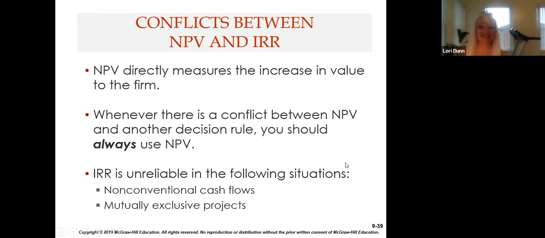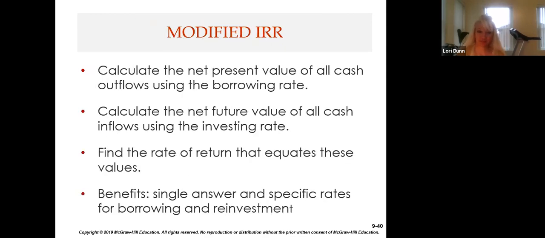So when it comes to decisions where you have these non-conventional cash flows or mutually exclusive projects, you need to do these extra steps. Okay. So there are workarounds. One answer, so that you're not plotting graphs all day long, and you want to calculate an internal rate of return, is something called modified internal rate of return, which is great for those non-conventional cash flows.